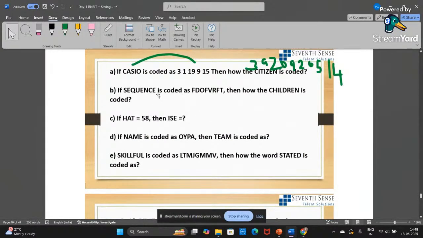Now let us solve the next one. The word sequence is coded as FD, OFE, RFT. First we need to decode this.